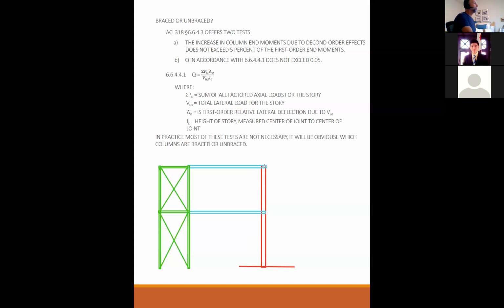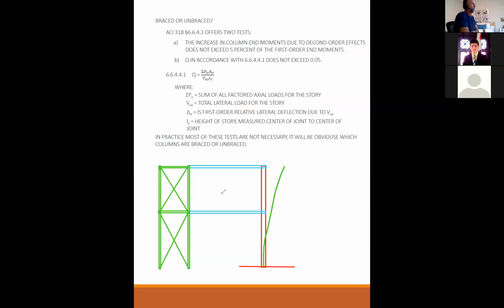Because if this column that we're designing tries to sway out, how stiff is this frame to keep it from doing that? This is where you have to do your test, because we can't just eyeball whether or not this little rinky-dink steel frame is stiff enough to make this concrete column feel like it's braced. If this is so flexible, it might actually be more flexible than this column itself, in which case this column is stiffer than this frame, then it most definitely is going to be unbraced.